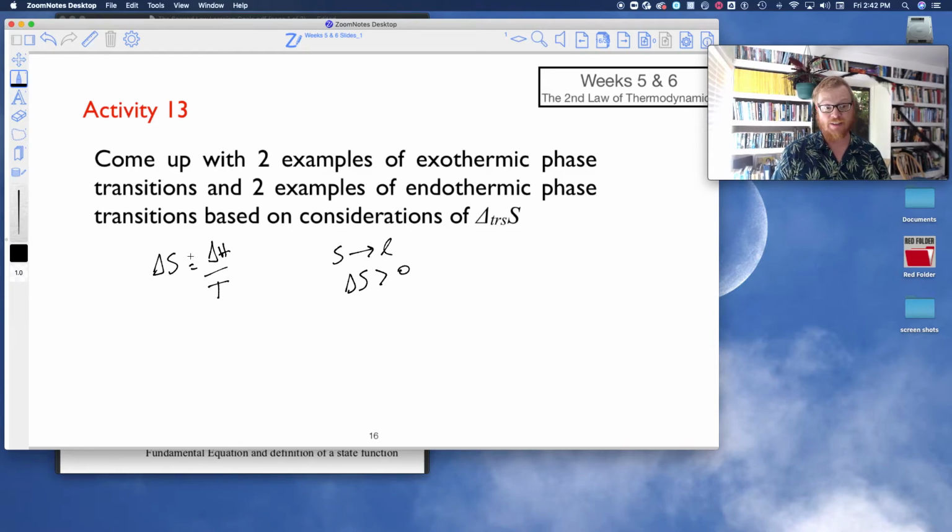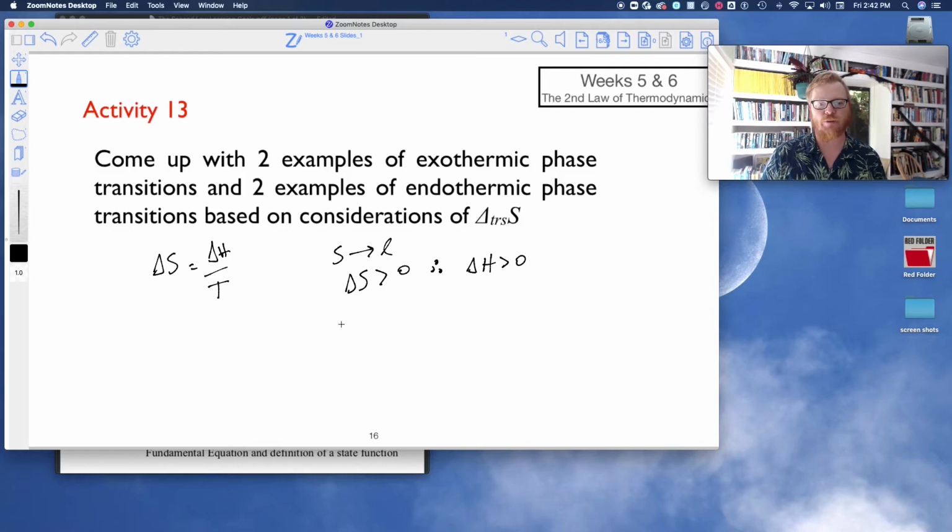And because in this case delta S is greater than 0, therefore delta H for this process has to be greater than 0. And that makes good sense. To melt a solid into a liquid, you have to put heat in.